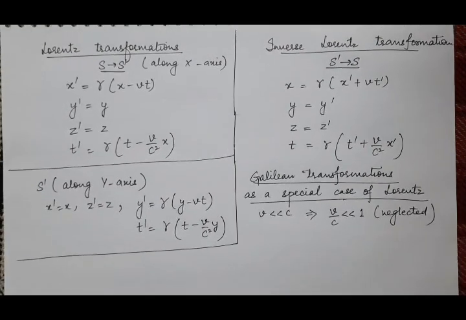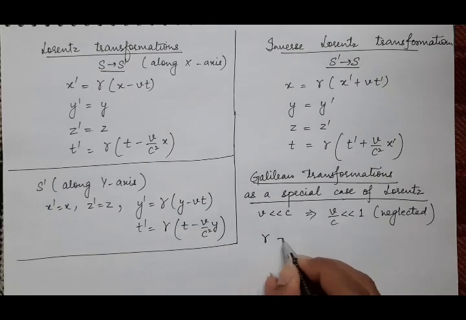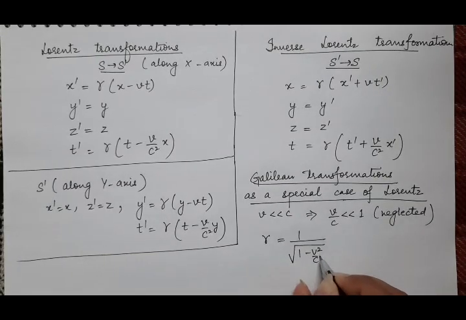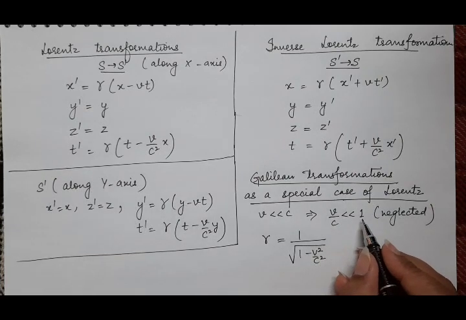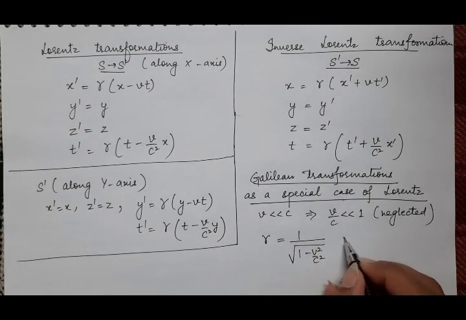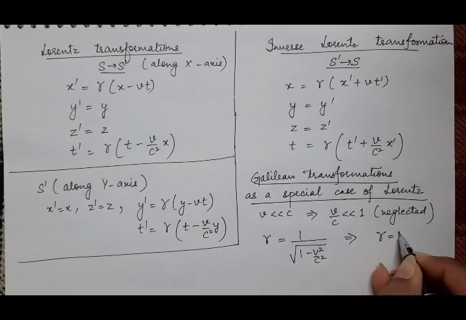So how will the value of gamma change? Gamma, we know that it is 1 upon root 1 minus v square by c square. If v by c is very small as compared to 1, then v square by c square will be even smaller than 1. So we can neglect this v square by c square as compared to 1, which implies gamma is equal to 1.